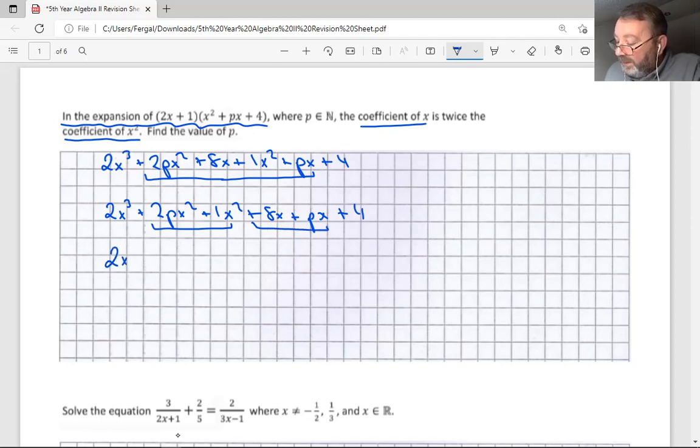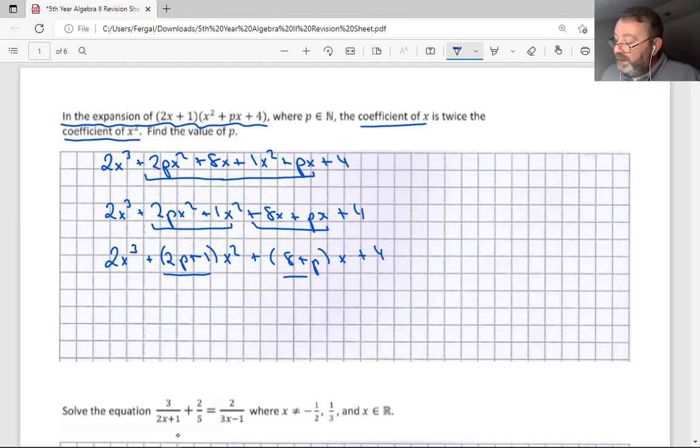Now if we remember anything from chapter 1, when you have two terms that have the same common term, then you take it out as a common factor. So plus (2p + 1)x². This one has x in common, so (8 + p)x plus 4. And straight away now you see what the coefficient of x² is and the coefficient of x.